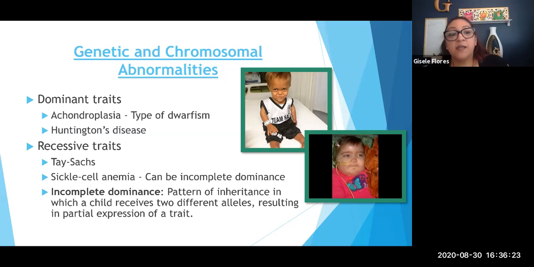There's also something called recessive traits and recessive trait conditions. So Tay-Sachs is an example of a child having the recessive traits that end up being considered an abnormality. With Tay-Sachs, the child gets the recessive genetic mutation from one parent and then receives that same genetic information from the other parent.